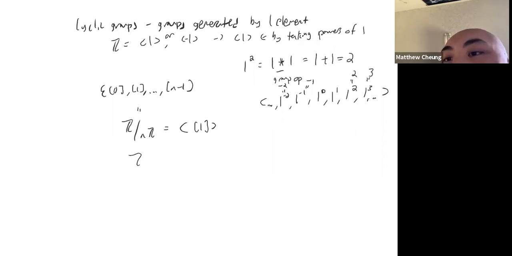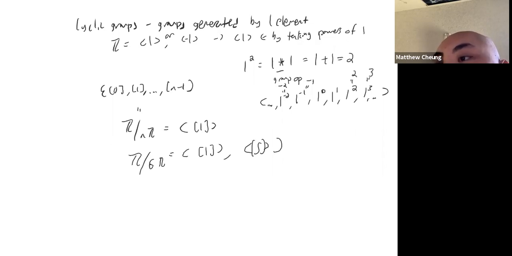For example, Z mod 6Z is generated by 1. It's also generated by anything coprime to it, like 5. If you don't believe me, let's try it.